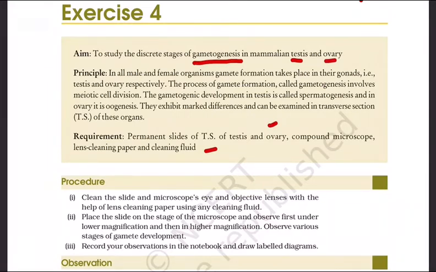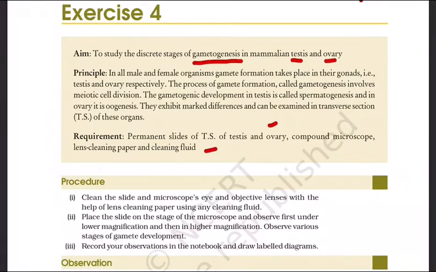What about a gamete? A gamete is a reproductive cell or sex cell. Like the male gamete is the sperm, the female gamete is the ovum. So don't get confused between gamete and gonad. So gametes, particularly sperms, are formed from the testis, and ova are formed from the ovary.